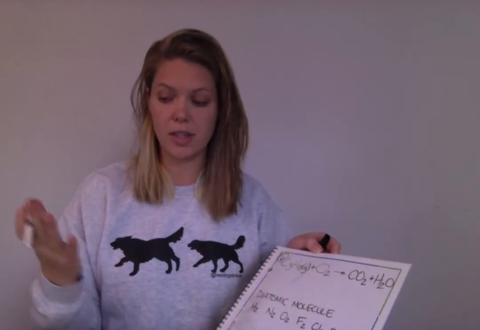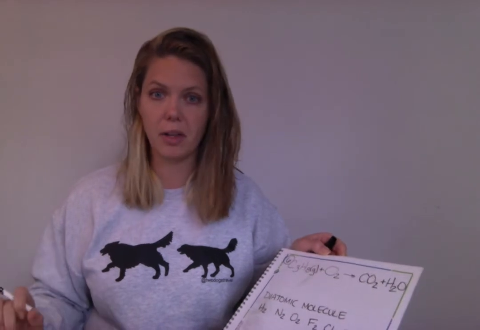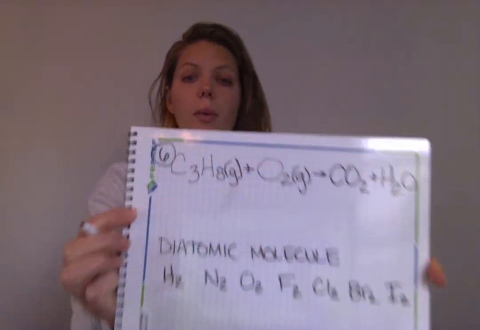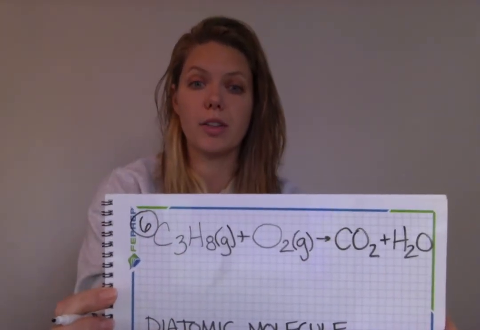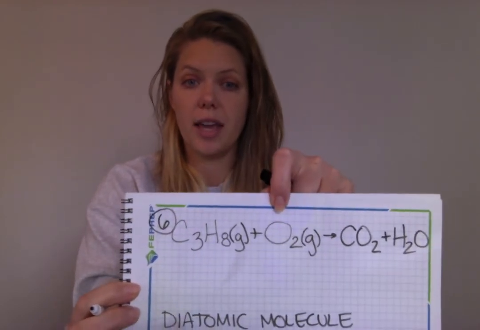What is oxygen's state of matter? If we read here, do they have any hints for us? Burned with oxygen? No, they don't tell us. But if you think about it, is oxygen in the air we breathe? Yes. So it must be a gas. So we write the same thing, parentheses g, right after O2. So now we know that we have propane gas and oxygen gas.